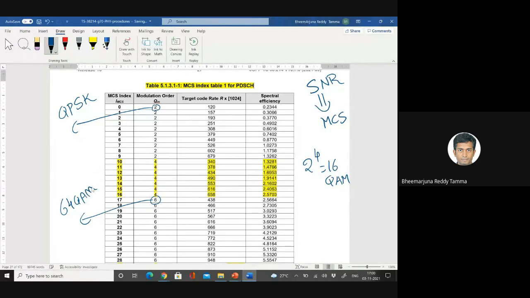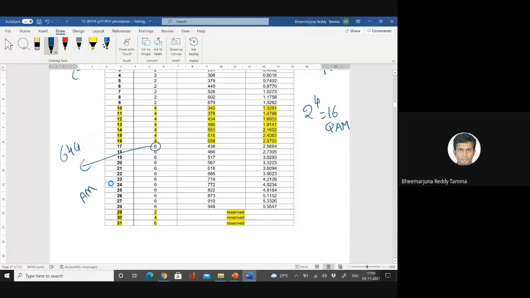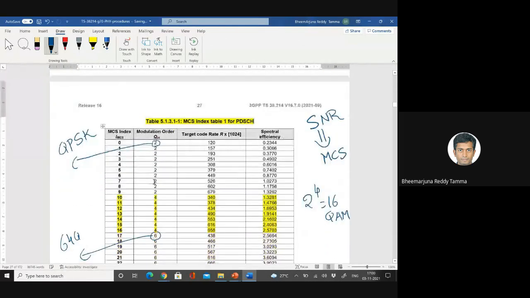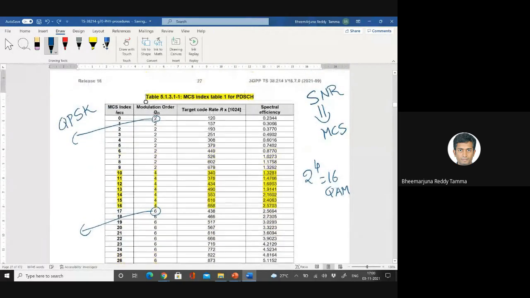This table is called the 64 QAM table, because the maximum thing that you can see in this table is 64 QAM.